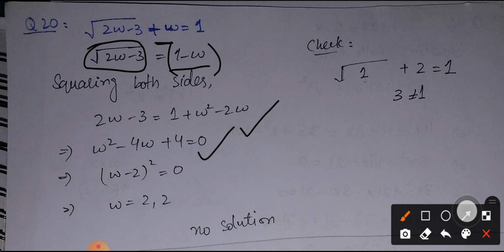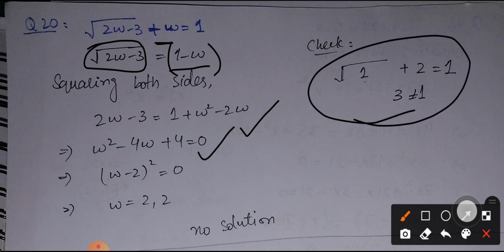I have simply performed factorization, so I will get omega minus 2 whole square is equal to 0. That is a double solution, or repeated solution, for this equation, and for omega is equal to 2 the equation is not satisfied. That's why we will say that this equation has no solution.